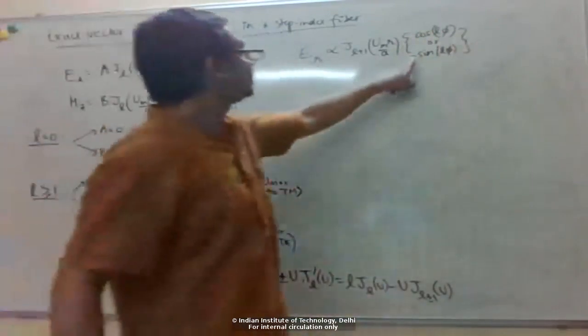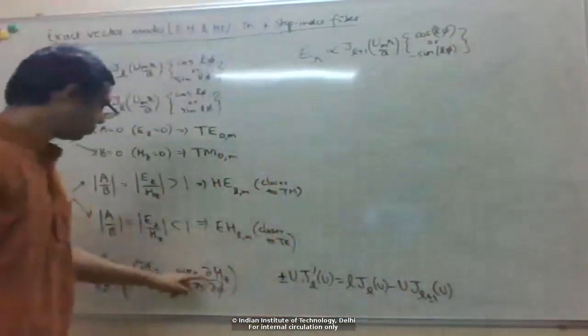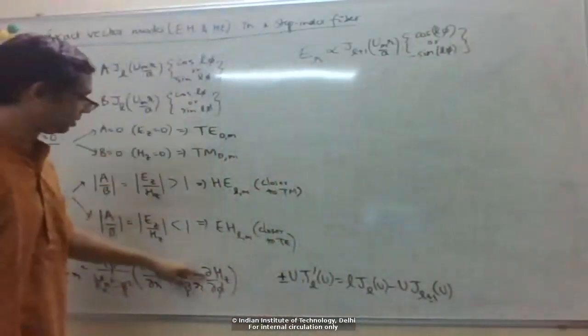Okay, so this minus sign is important here because that's coming from the derivative of cosine alpha, right?